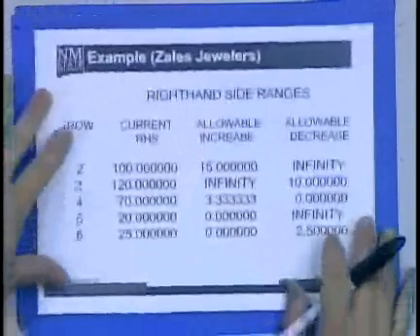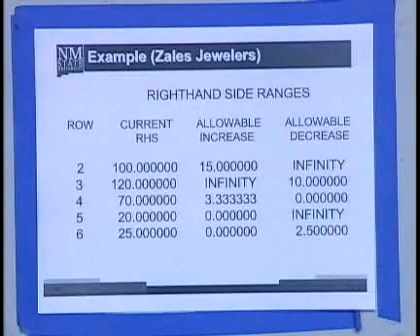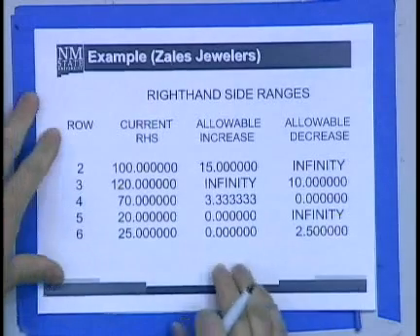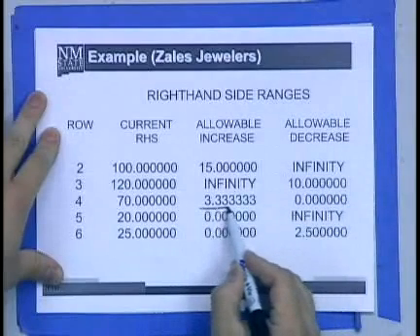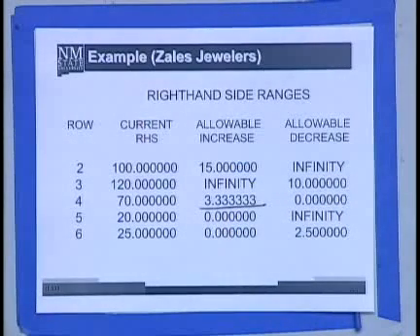And here, for row number 4, the allowable increase in the right-hand side ranges is 3.3333 hours.